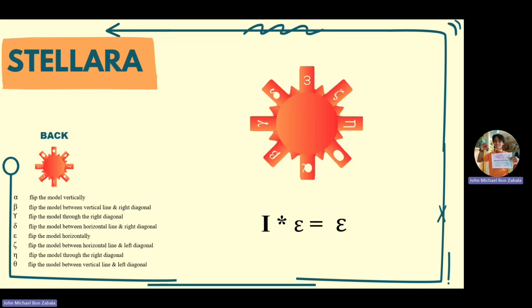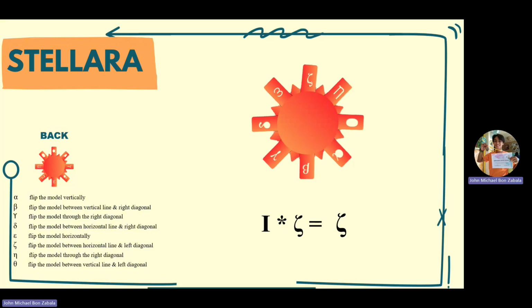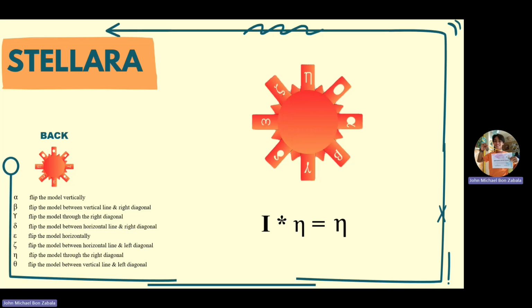Roman numerals 1 star epsilon is epsilon. Roman numerals 1 star zeta will become zeta. 1 star eta is eta. And lastly, 1 star theta is theta.